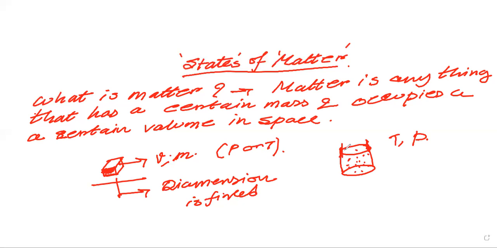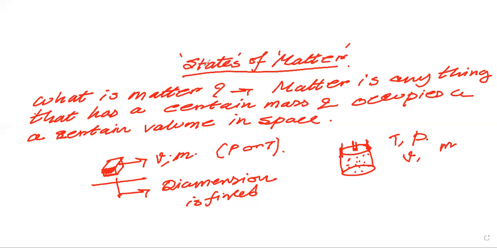And if a piston is attached to the cylinder, then on changing pressure or temperature, the volume of the gas will also vary if we keep the mass fixed. So here we see that the brick has nearly everything fixed, but gas is also a state, and here we don't have everything fixed.